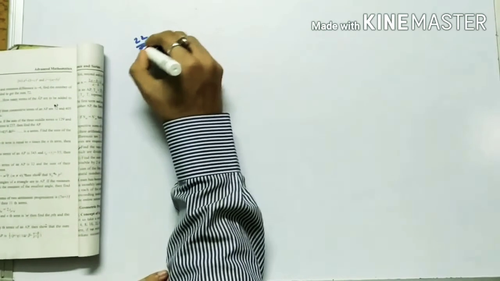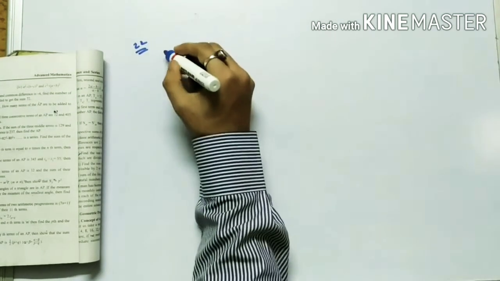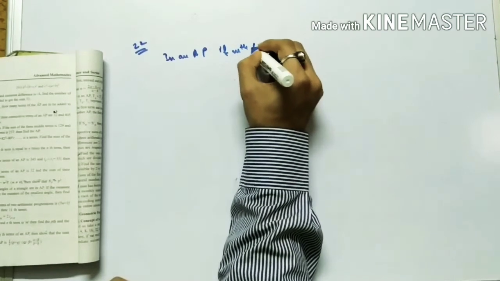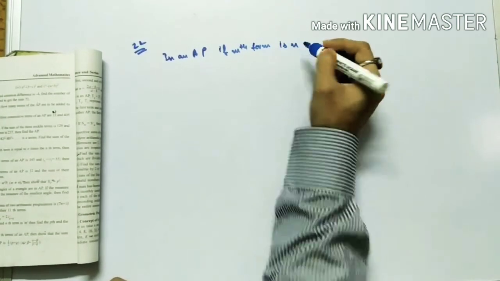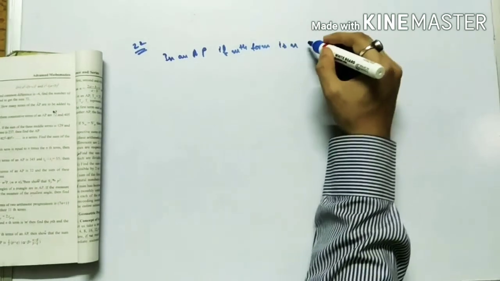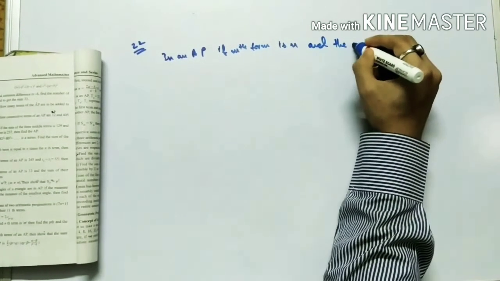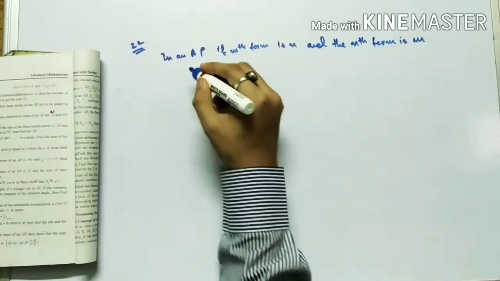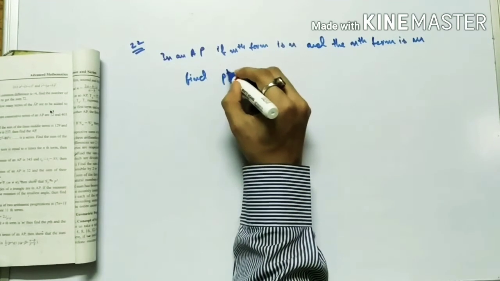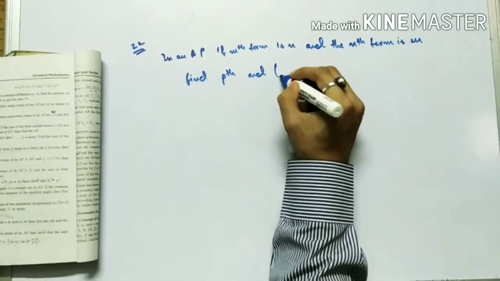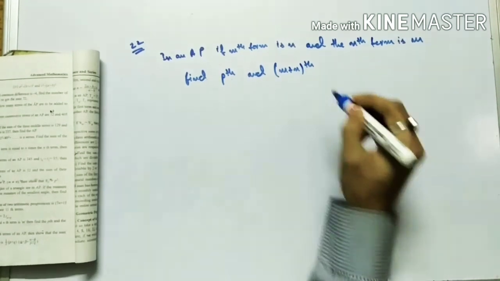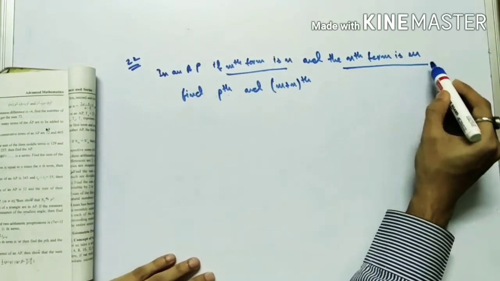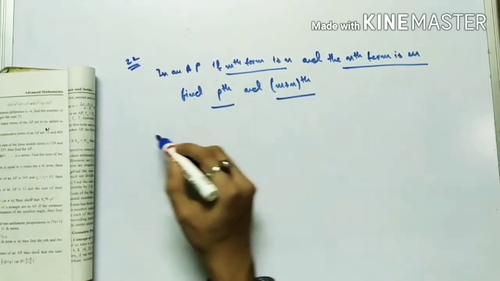Question number 22 says that in an AP, if the mth term is n and the nth term is m, I have to find the pth term and the (m plus n)th term. In an AP, the mth term is n and the nth term is m. Find the pth and (m plus n)th term.